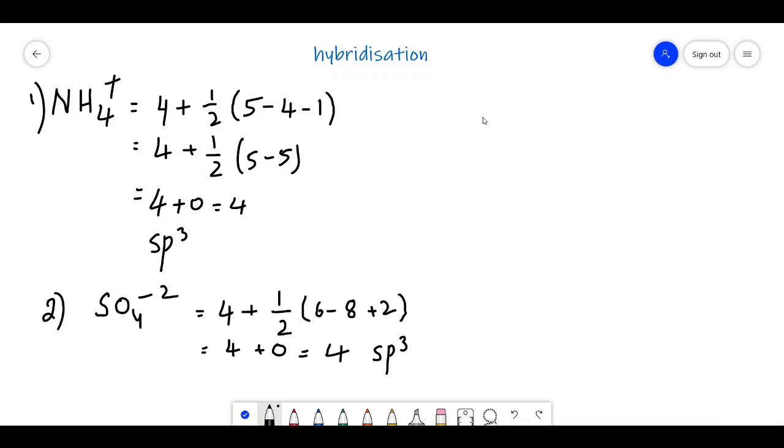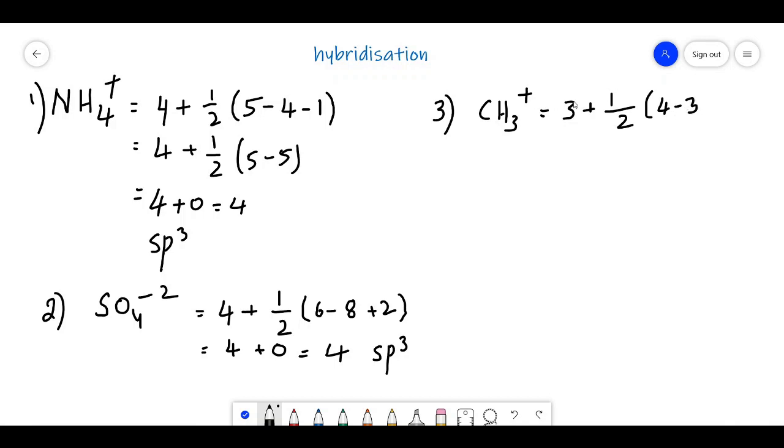Let us do two more examples. I am taking CH3+. In this CH3+, the number of hydrogens is 3, then half into the group number of carbon, which is 4, and 3 hydrogens are there, so it is minus 3.